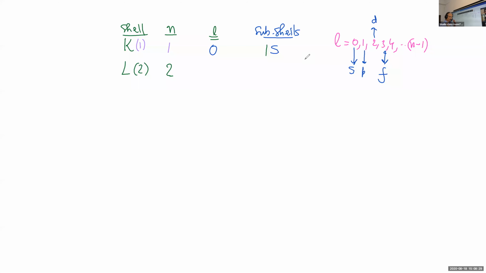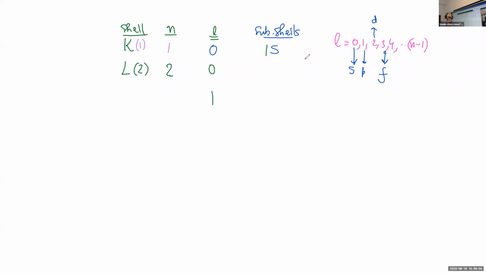Which are these L values? Start from 0 and end with n minus 1, that is 1. So 0 and 1. 2 L values are there.